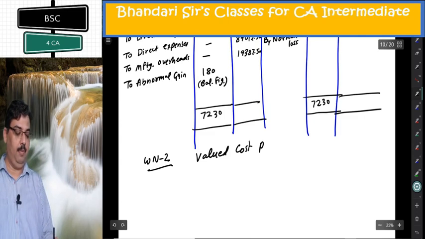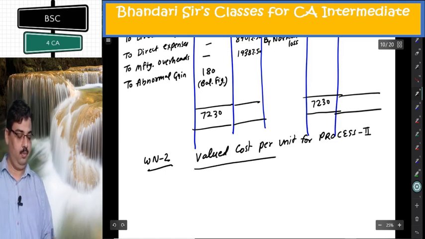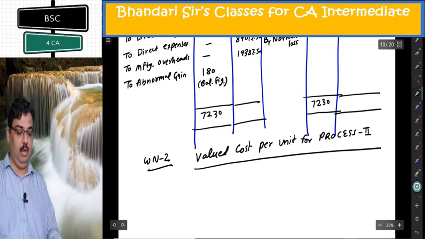Valued cost per unit for process 2. Let us calculate.